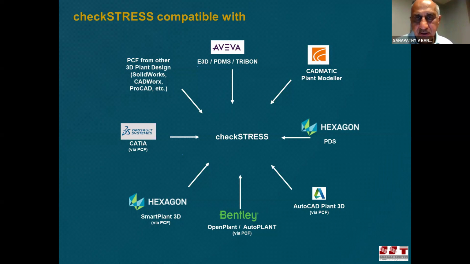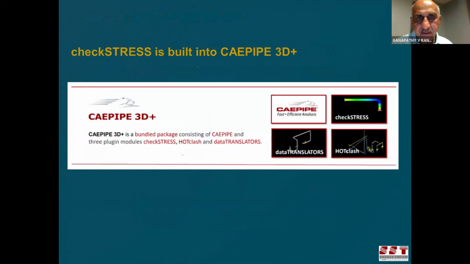Can you go to the CAEPIPE 3D Plus? It's called CAEPIPE 3D Plus, where it has all the checkSTRESS modules, all the data translators, whatever we have in our bag, and also the totally independent CAEPIPE. So CAEPIPE with all these, we call this whole bundle package CAEPIPE 3D Plus.